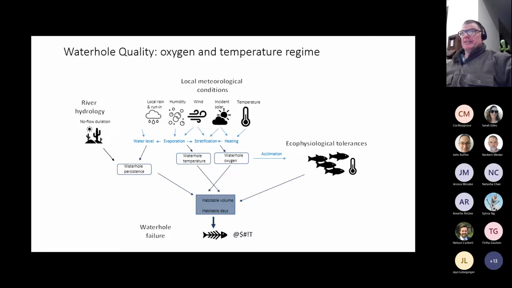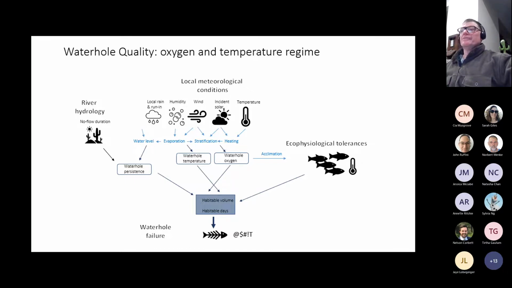So we've had instrumentation in 6 waterholes in the Murray-Darling, measuring temperature and dissolved oxygen through the depth profile with data loggers. Some of those have been ours and some of those have belonged to the guys in Toowoomba.